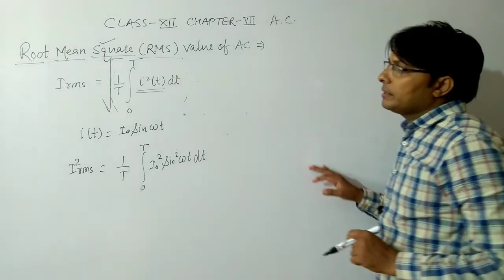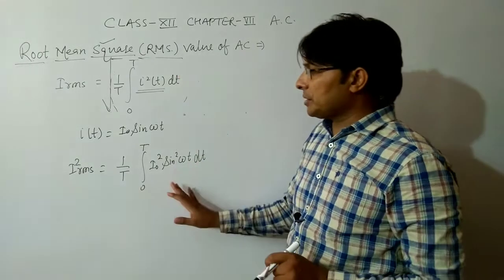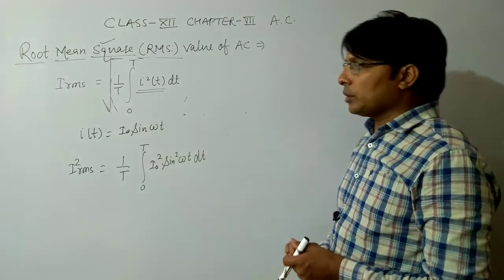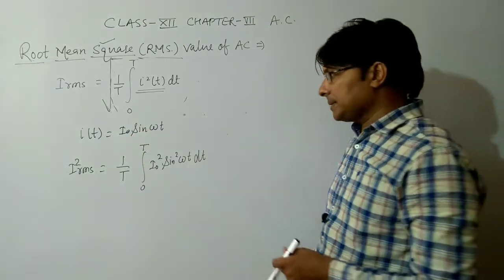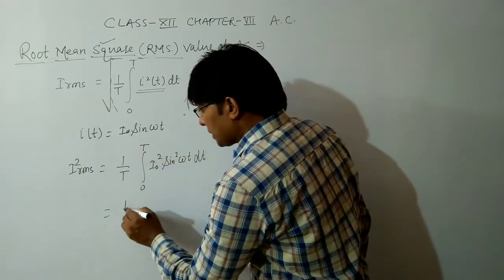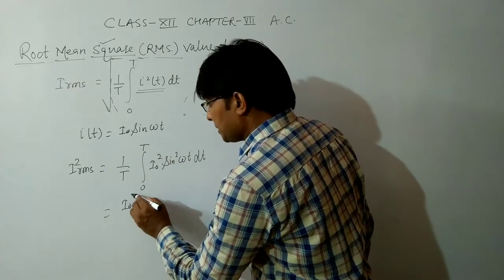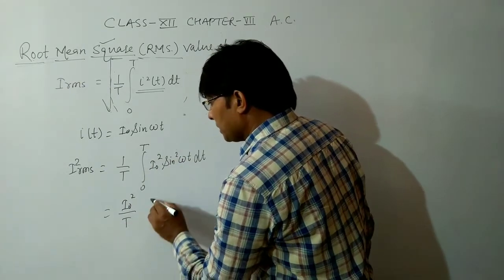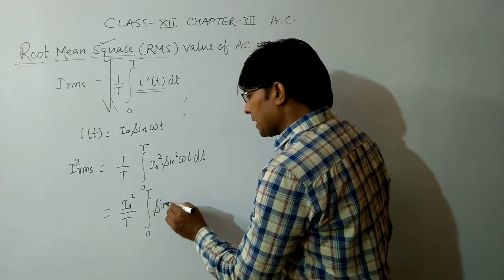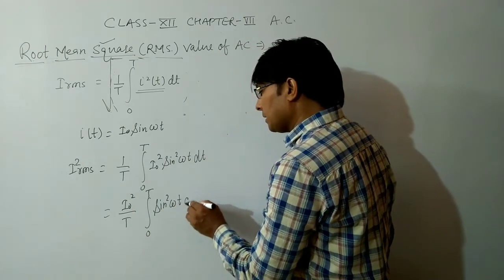We can write this expression by simply putting the value of i(t), the sinusoidal current. Now this I naught square is constant, so it can be taken outside the integration. So I naught square upon T, integration from 0 to T, sine square omega t dt.